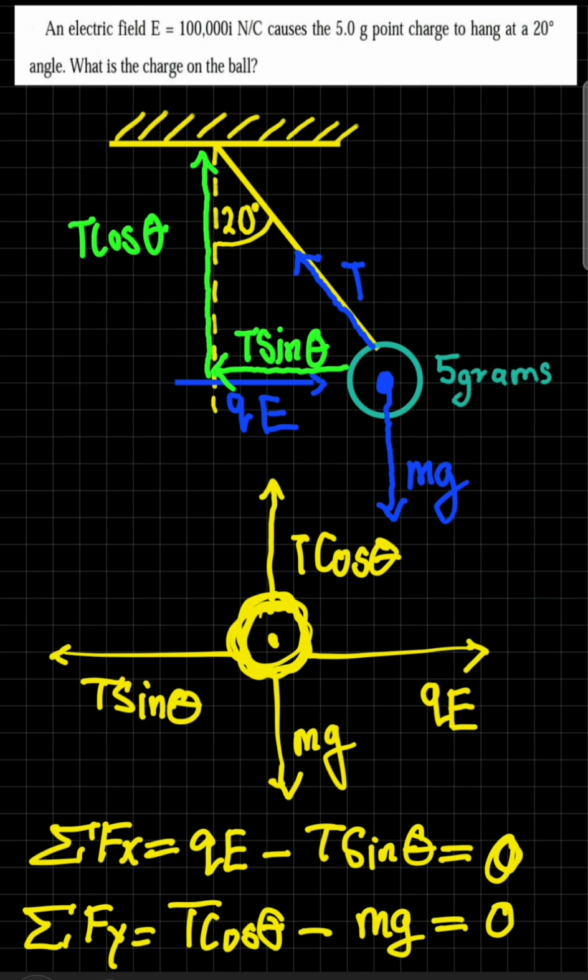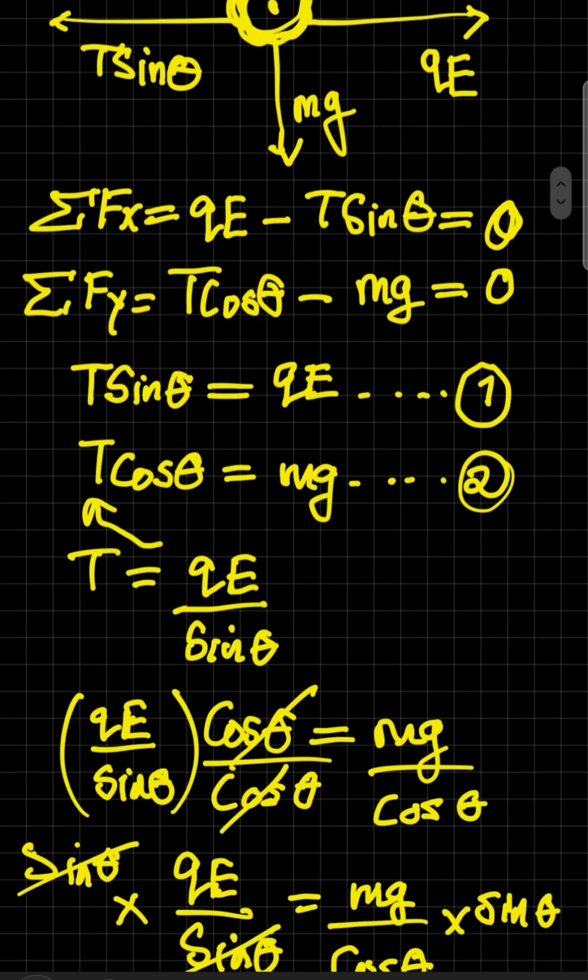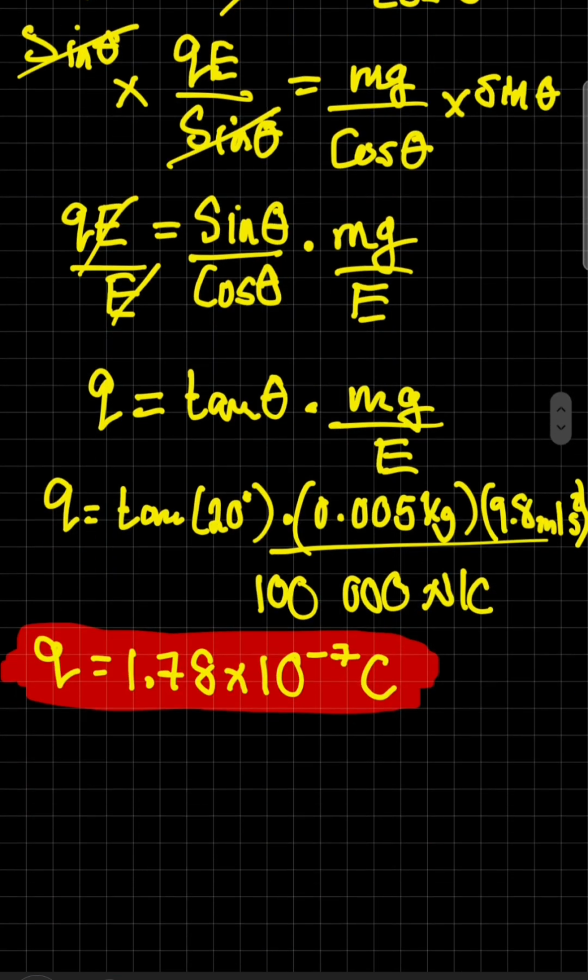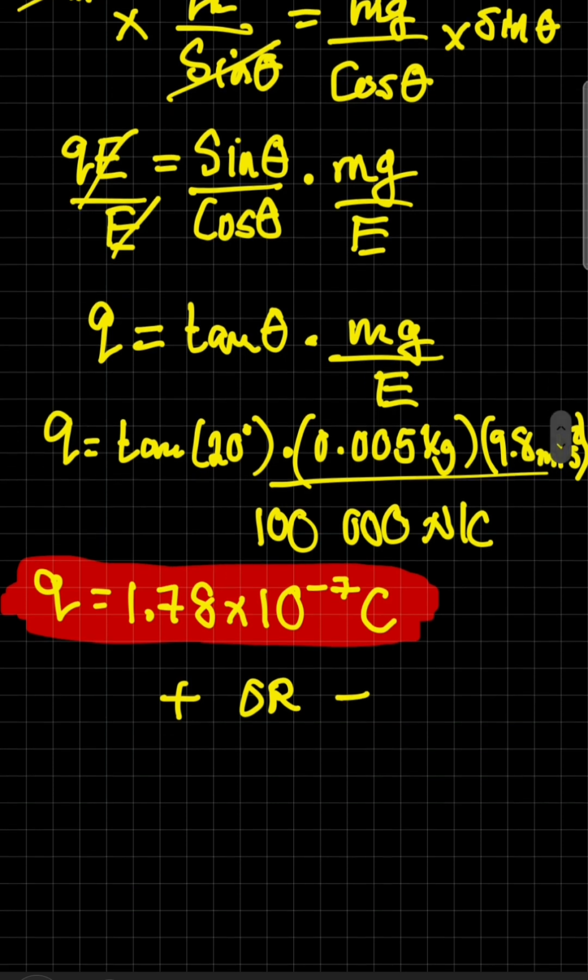Okay, so the question is, how do we determine the sign? That's very important, because of course we know that the magnitude of the charge is this 1.78 times 10 to the power -7 coulombs. But is it positive or is it negative? And how do we determine that?